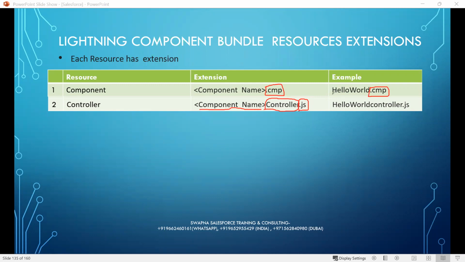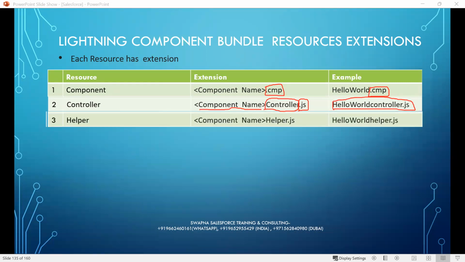For example, if my component is helloWorld, my controller will be helloWorldController dot js. The third one is helper. Helper extension is dot js, and it has the component name plus helper. If my component is helloWorld, it will be helloWorldHelper dot js.